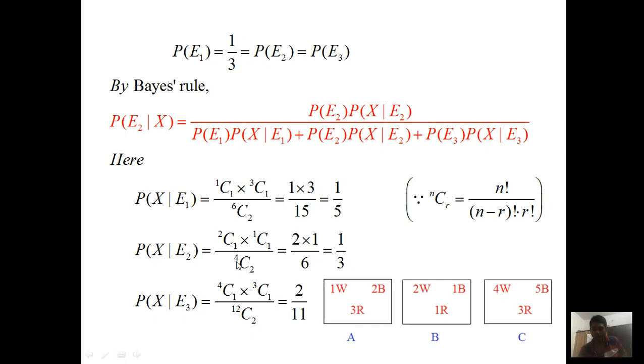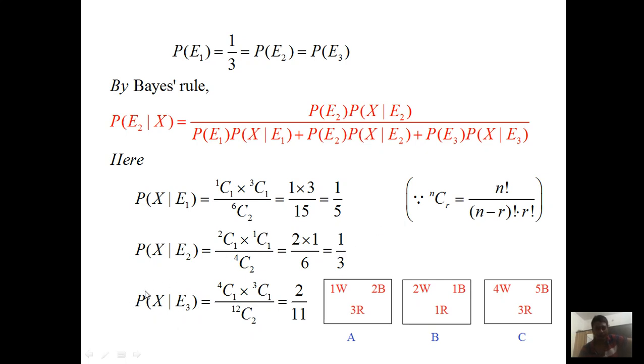So our total outcome is 4C2. Now the favorable outcomes: 1 is white. There are 2 white, out of these 2 we have to select 1, so its possibility is 2C1. 1 red. There is only 1 red, so its possibility is 1C1. Apply the formula nCr, and simplification leads to 1/3.